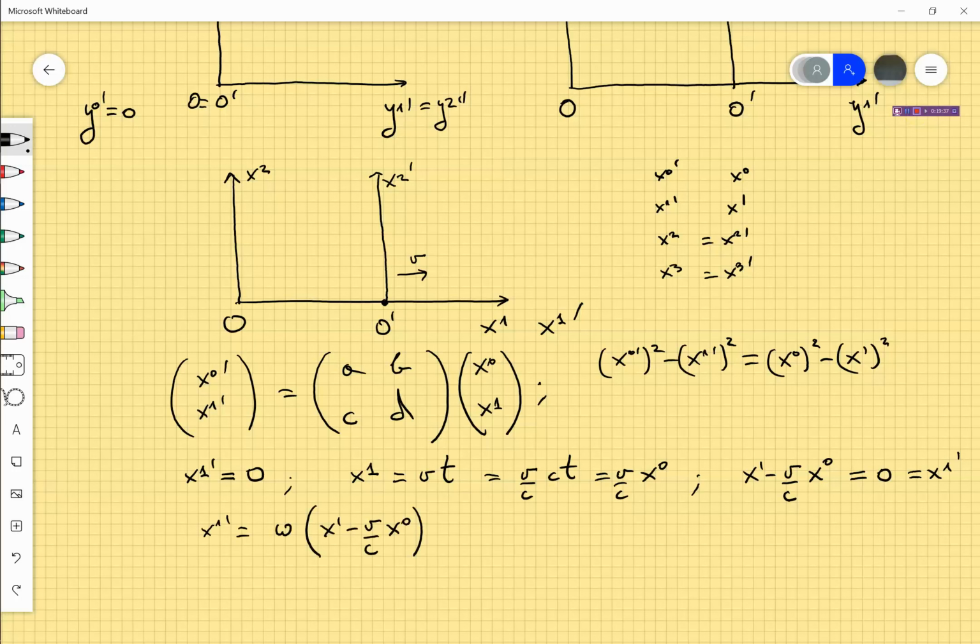Now you come here, and this means that this d is this coefficient omega, and this coefficient c is minus omega v divided by c. So this reduces the number of unknowns to just 3, a, b, and omega.